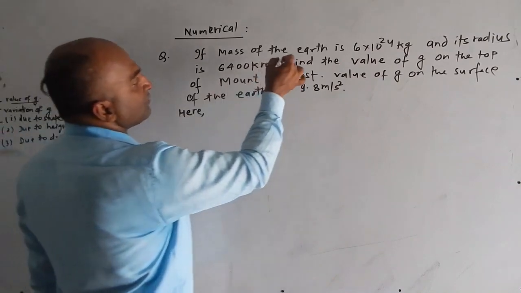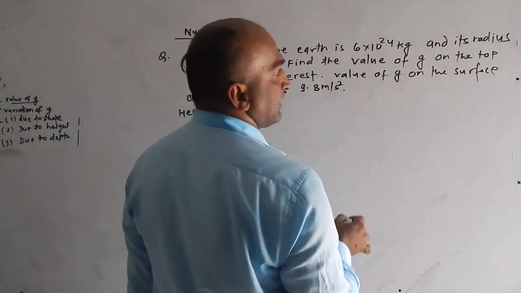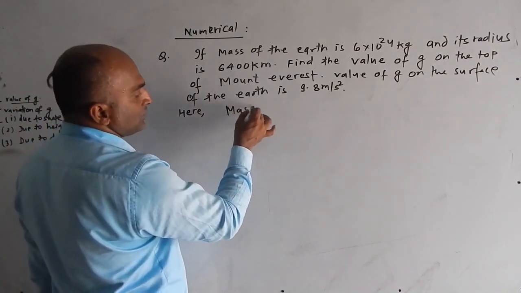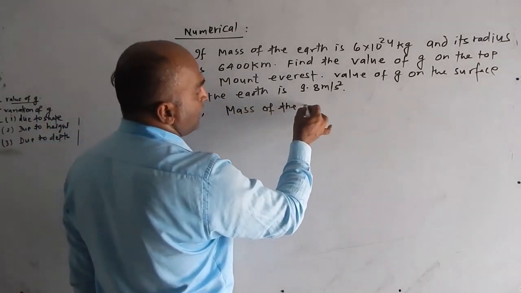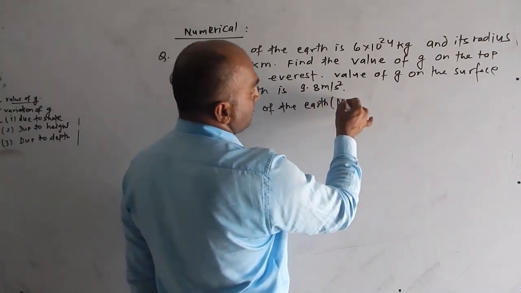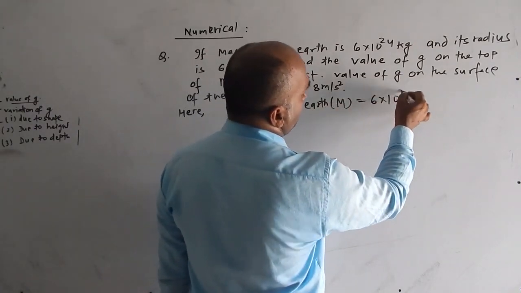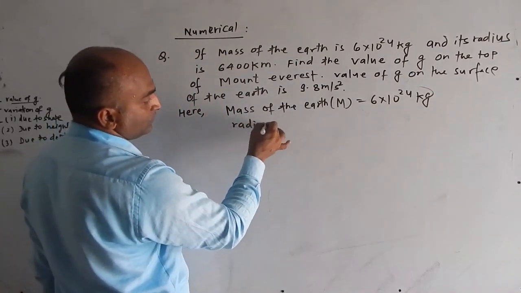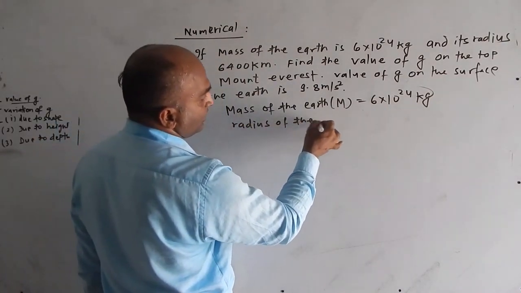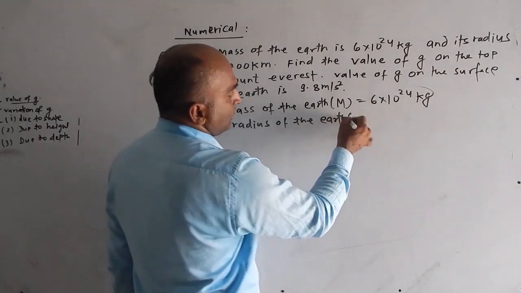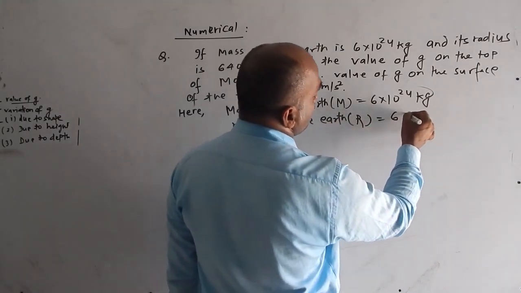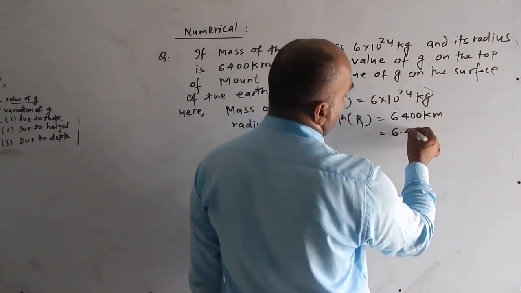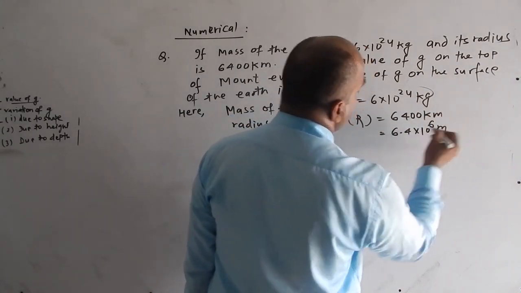For the solution, first we find out the given data. Mass of the earth is given, 6 into 10 power 24 kg. Radius of the earth, this is capital R, equal to 6400 kilometer. This is equal to 6.4 into 10 power 6 meter.